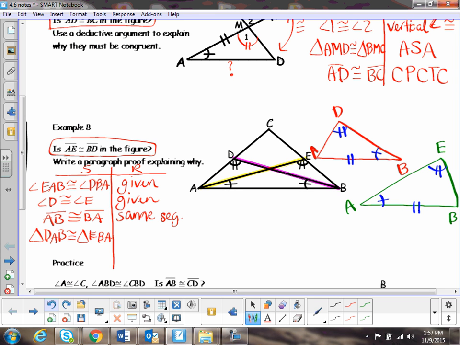If you get that wrong, it's going to be 1 point. What was the reason again? Angle side angle. So then is AE congruent to BD? Yes, it is. By what reason? Corresponding parts of congruent triangles are congruent.